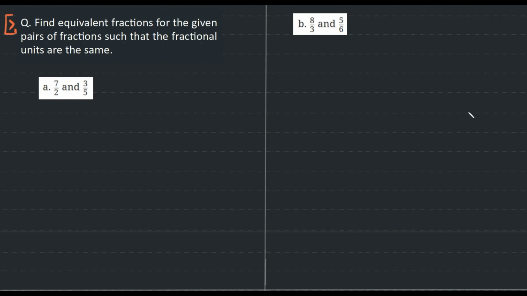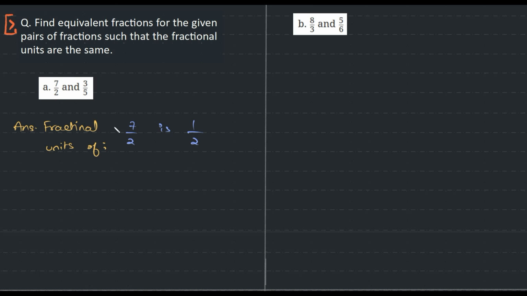Find equivalent fractions for the given pair of fractions such that the fractional units are the same. So let me explain this. We have 7 by 2. Or let me put it in this way. Fractional units of 7 by 2 is 1 by 2.